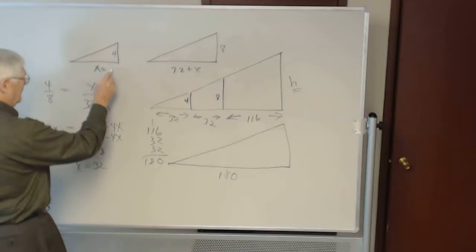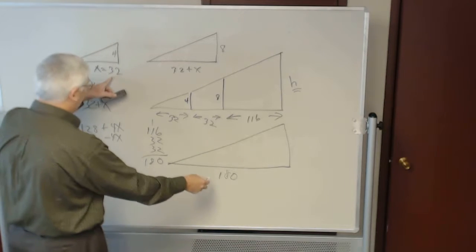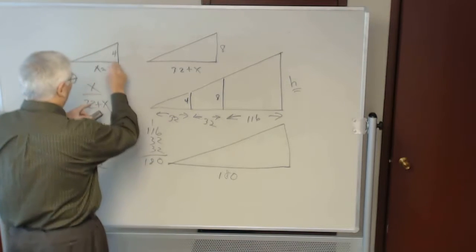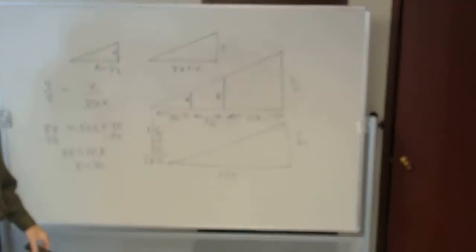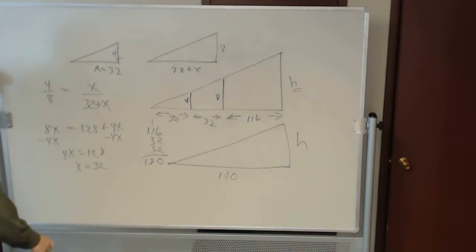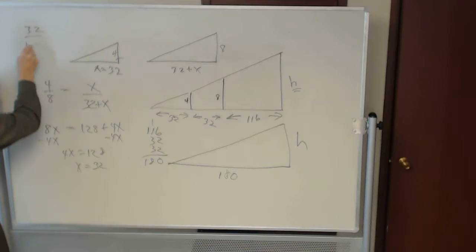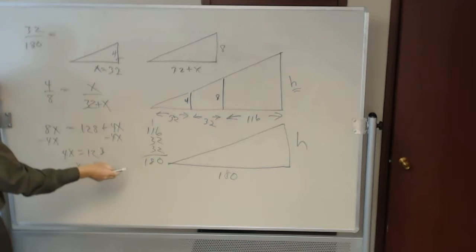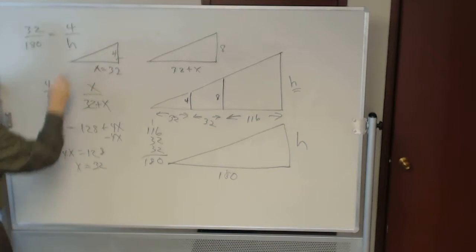What does x equal? 32. So I've got 180 and 32 and 4 and h. You follow me? That I can set up the proportion. 32 over 180 would equal 4 over h.